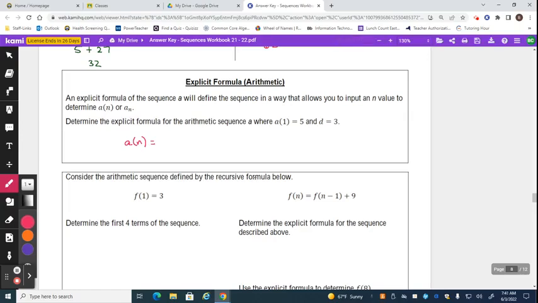So we are going to start at 5, and we're going to add 3, not n times, where n is the term we're looking for, but n minus 1 times. If we want to simplify that, we can distribute that 3 and we get 3n plus 2. So either 5 plus 3 times the quantity n minus 1 or 3n plus 2, either one of those would work.